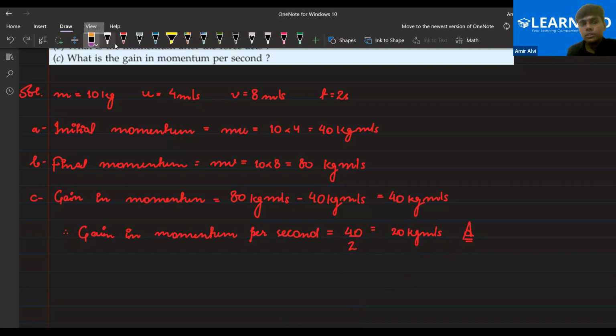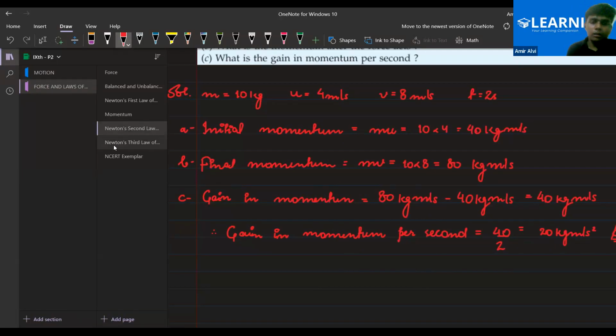Kg meter per second, divided again by the time, would be kg meter per second square. That is nothing but mass into acceleration. Kg is mass, acceleration is meter per second square, right everyone? Yes, sir. That's what it is asking. Okay, so I hope this is clear to all of you. Please do let me know, Farhan, Astitva, and Safia. Yes, sir. Great.